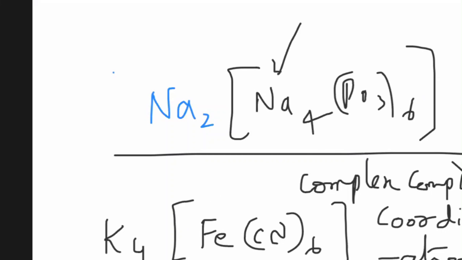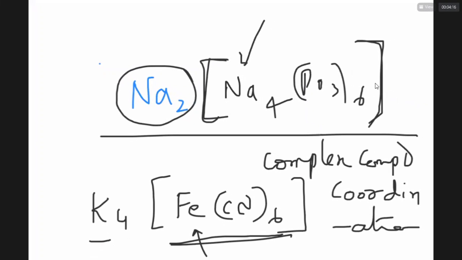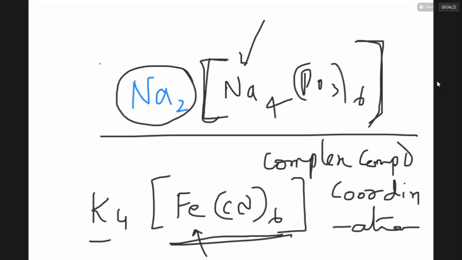In this compound, the strangeness is that something is kept in square brackets, and often we put something before or after the square bracket. Compounds represented by this gigantic formula, which are a bit difficult to understand, are called complex compounds. Anything that is difficult is called complex.